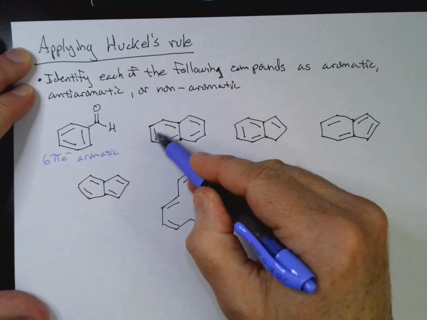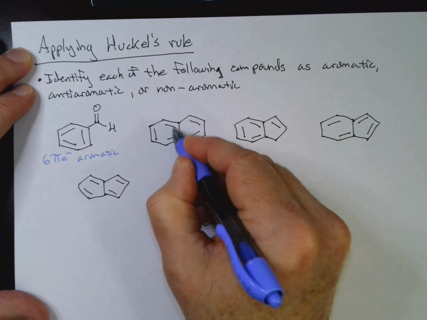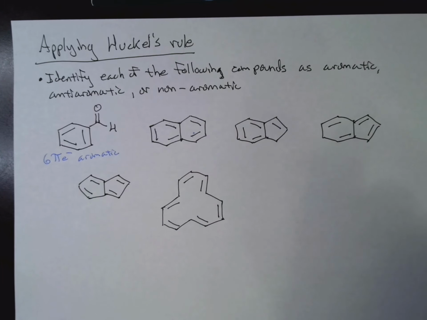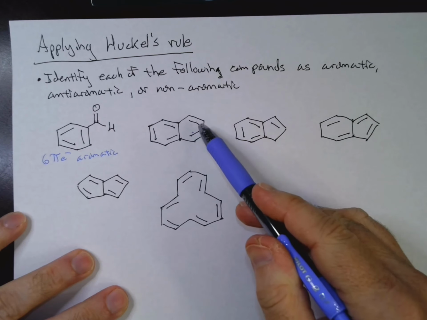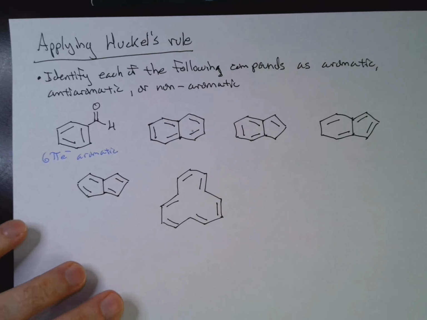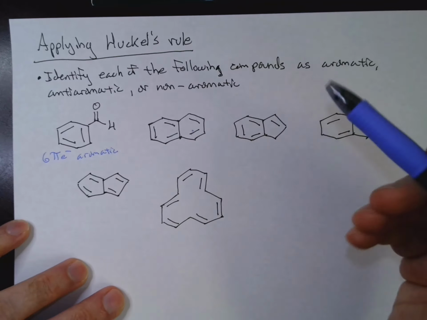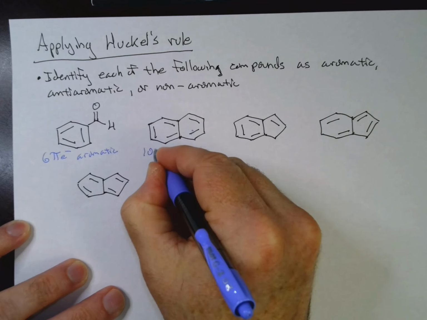Next one here, we've got 2, 4, 6, 8, 12 pi electrons, and you might think this would be anti-aromatic. And I totally miscounted. Come on, Wayne. 2, 4, 6, 8, 10 pi electrons. It's aromatic.